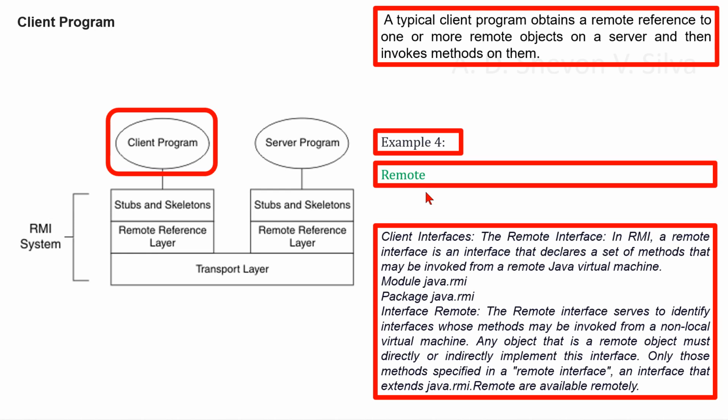Any object that is a remote object must directly or indirectly implement this interface. Only those methods specified in a remote interface, an interface that extends java.rmi.Remote, are available remotely. This is in the package java.rmi, which is in the module java.rmi.